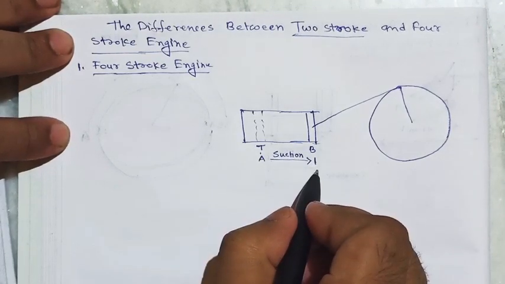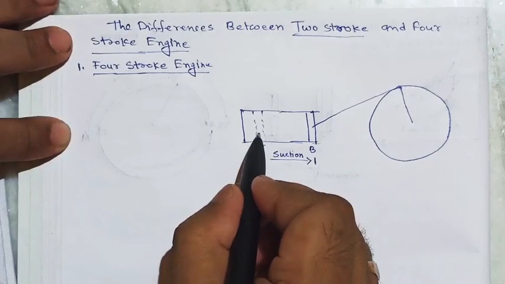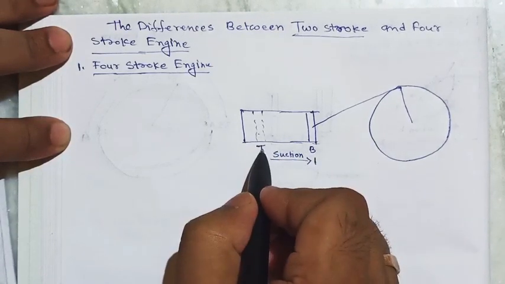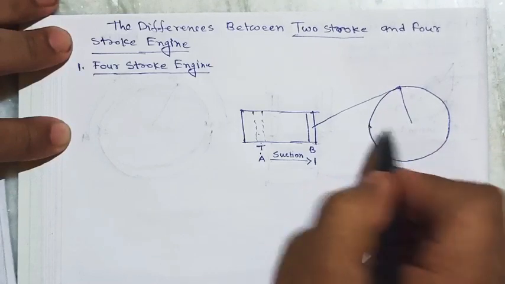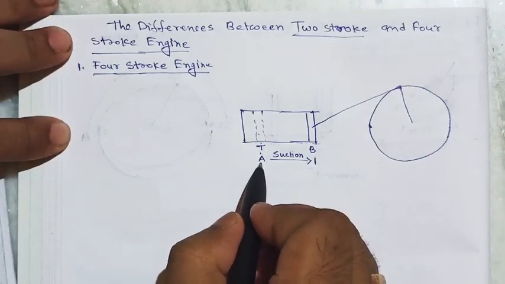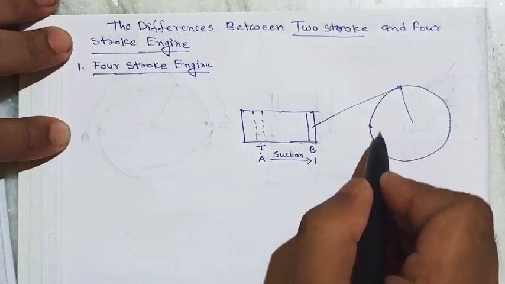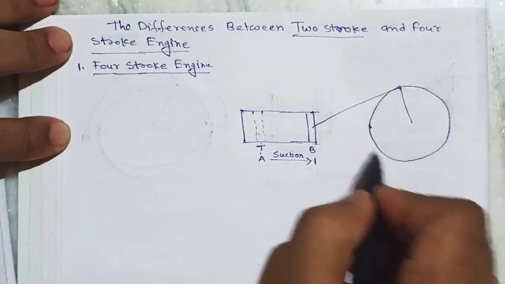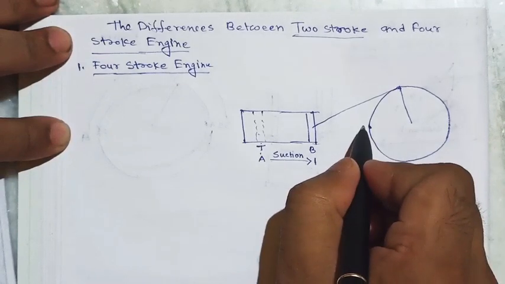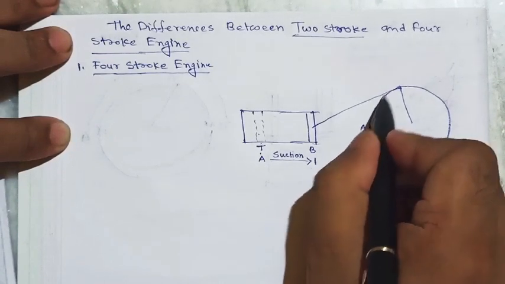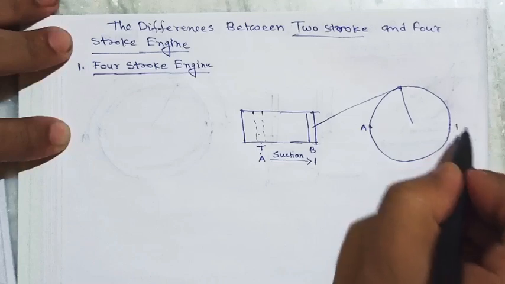During this suction process, when the piston is present at this TDC, this point will be here, and when the piston moves from T to B, this point of the crank will rotate and reach this point, that is A. I am considering this point is 1.